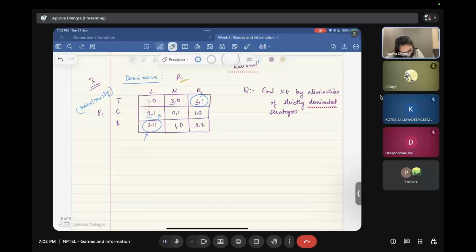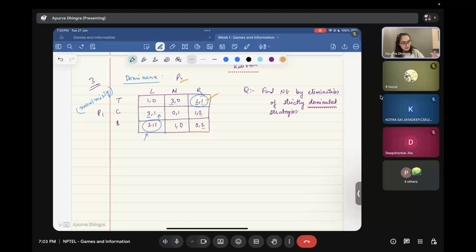Player 2 for the first row would prefer R. So yes, this is a Nash equilibrium. For C, it would prefer R again. So we have one Nash equilibrium, which is 2, 1 in this case. We got it by actually using the definition.